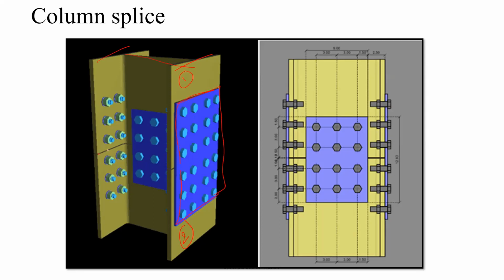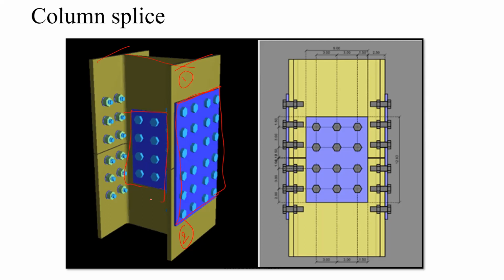You can see a clear-cut difference here, the thin line. So you are joining two I sections by using the plate which is called a splice plate. When you are providing a splice plate to the flanges, then they are called flange splicing. And when you are providing splices along the web, then they are called web splicing.